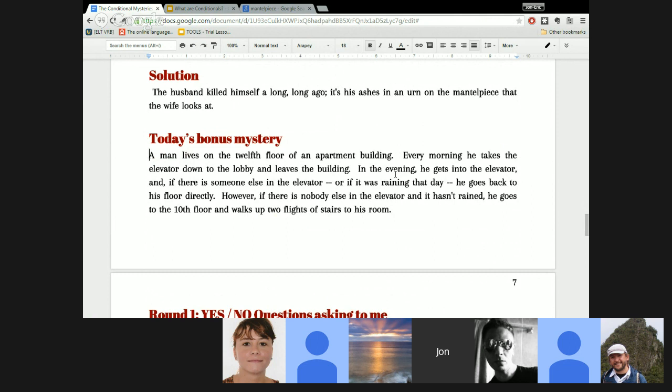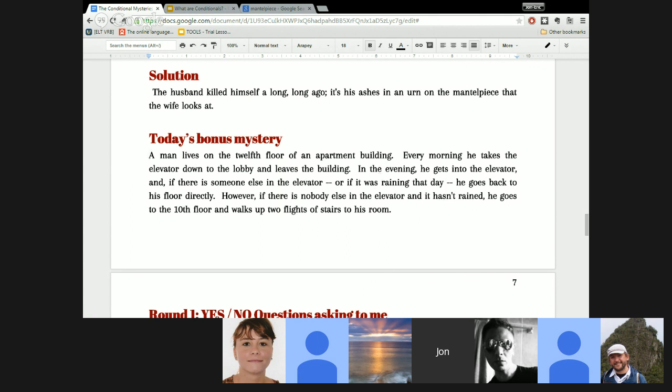In the evening he gets into the elevator, and if there is someone else in the elevator, or if it was raining that day, he goes back to his floor directly. However, if there is nobody else in the elevator and it hasn't rained, he goes to the 10th floor and walks up two flights of stairs to his room.